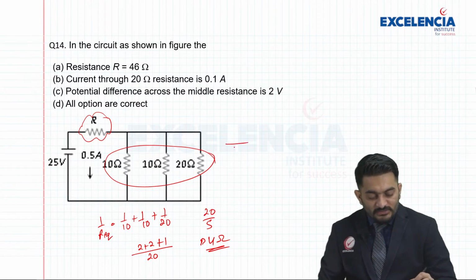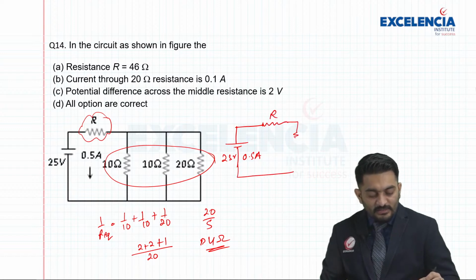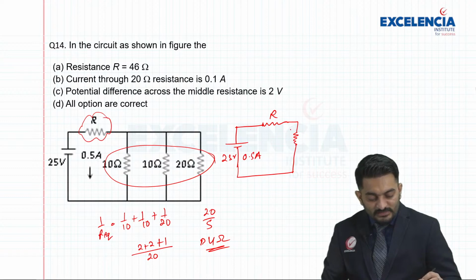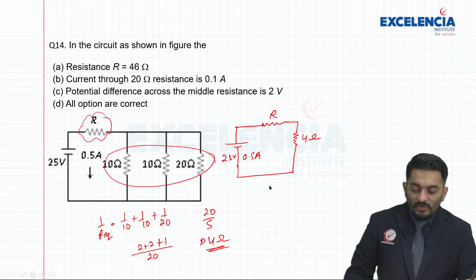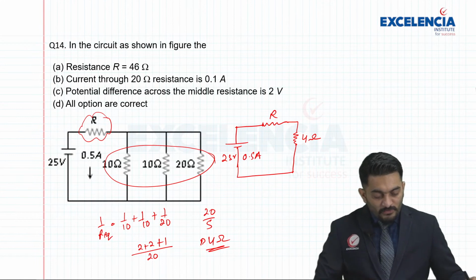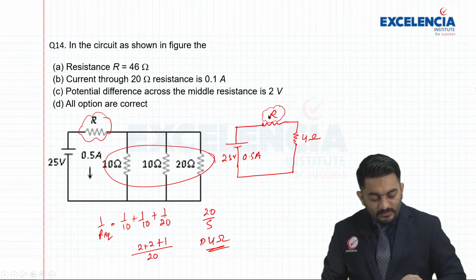So if you redraw the circuit, you will see a battery of 25 volt is able to supply a current of 0.5 amp, and here R is connected, very important, in series with this. So you have here the answer as 4 ohm. Okay, now we need to get the value of R.